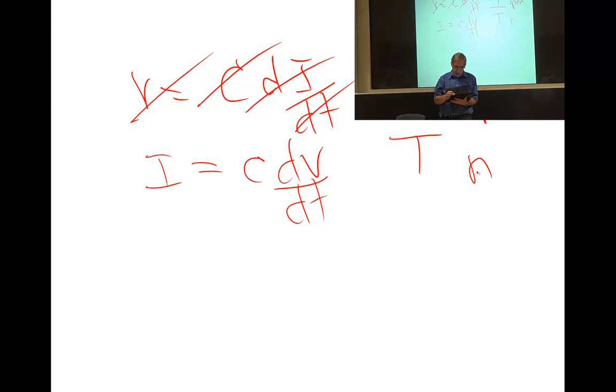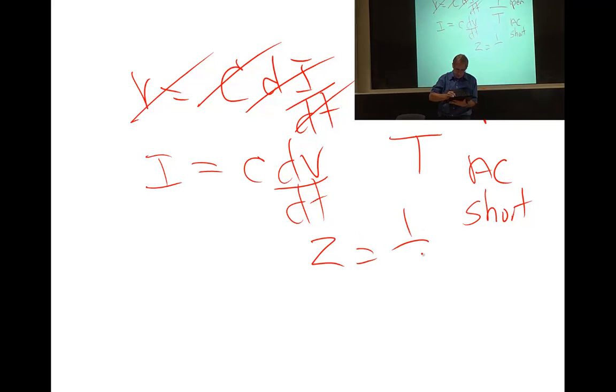And at high frequency AC, what does that cap do? It becomes a short. So you can look at a circuit and ask how it will pass DC and how it will pass AC. In between, we can look at the impedance as a function of frequency, 2 pi FC. All right, capacitors.